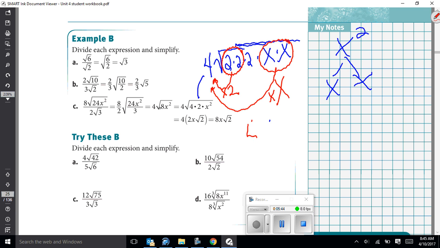So now I have my original 4 on the outside times my 2 and my x, and then I have this 2 left on the inside. It doesn't have any pairs, so it has to stay there. So 2 times 4 is 8 times our x and square root of 2.